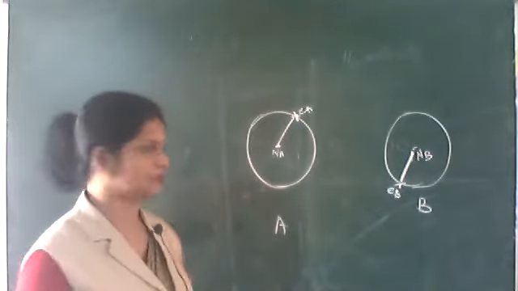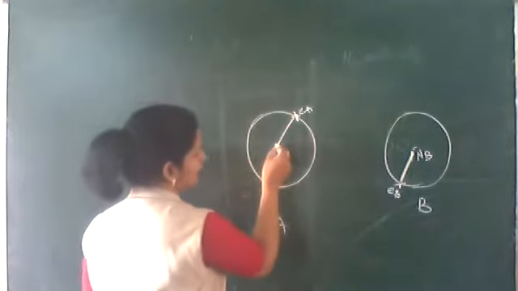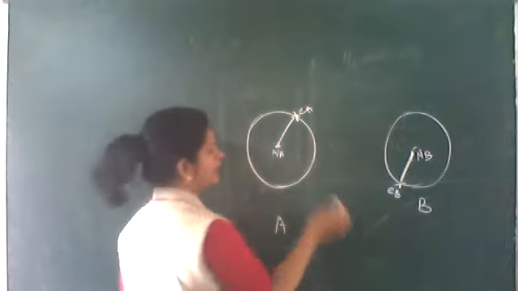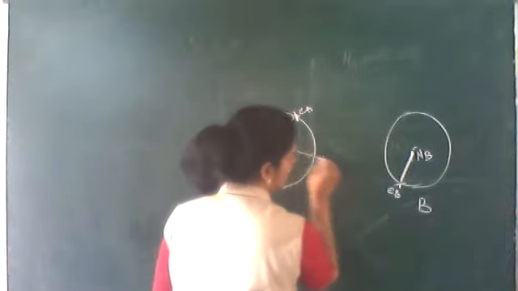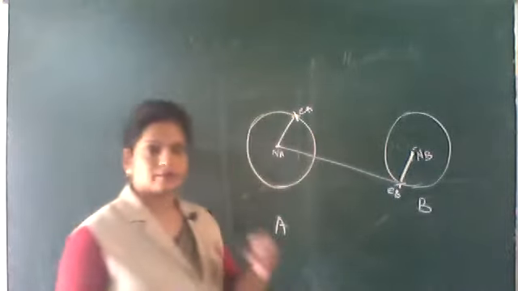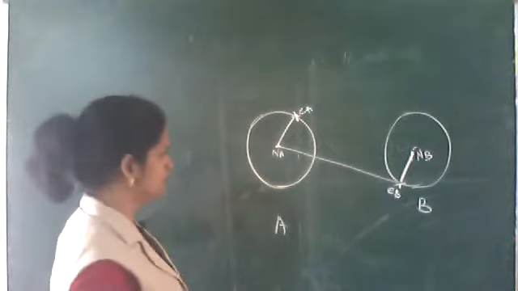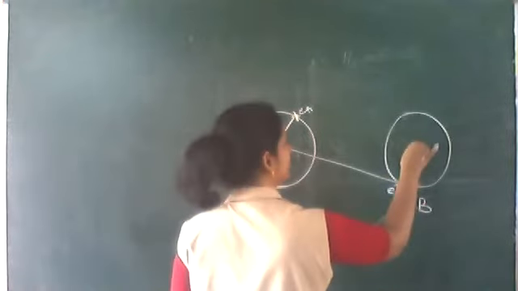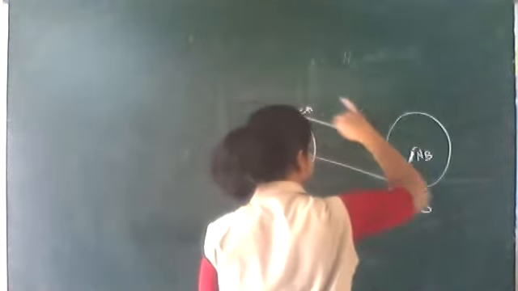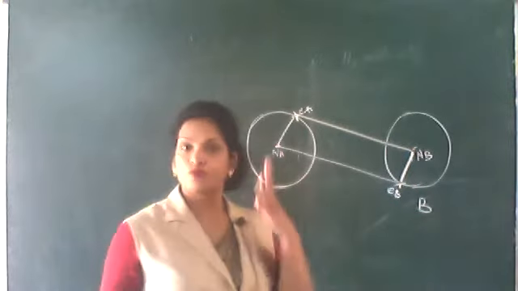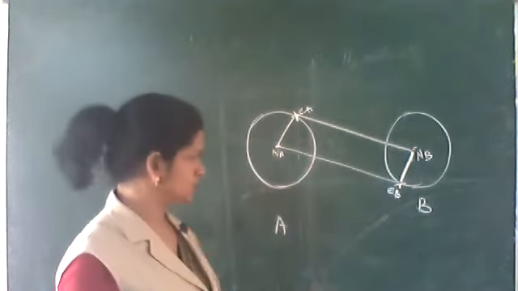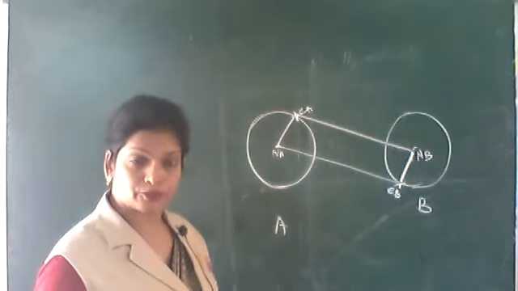So two attractions. When they come closer, Na attracts Eb. So three attractions. Similarly, Nb attracts Ea. Four attractions.